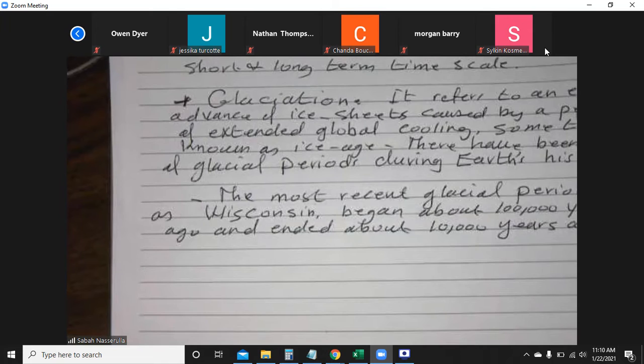We don't refer to this one as the last glaciation period, because it seems the last glaciation period has not occurred so far.